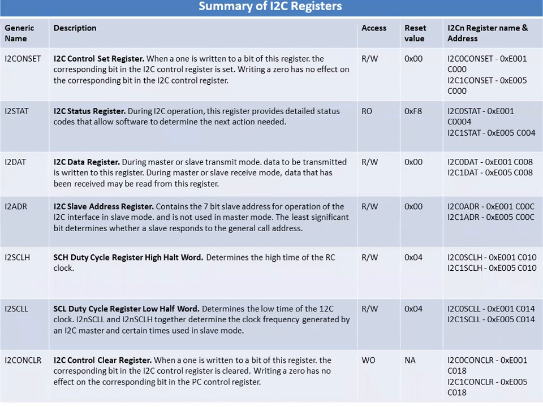I2C control register is there, and SCL duty cycle register low half word, SCL duty cycle register high half word, I2C slave address register I2ADR, I2C data register I2DAT, I2C status register I2STAT, I2C control set register I2CONSET.